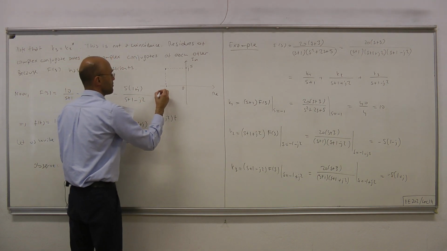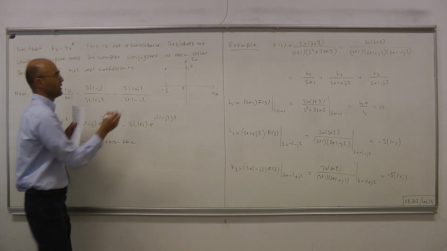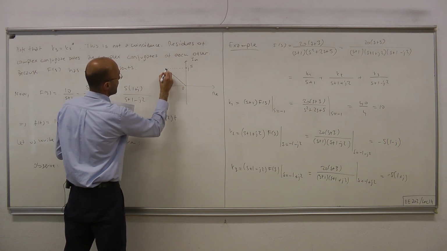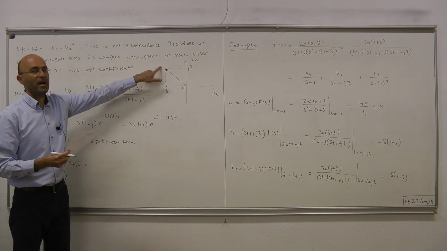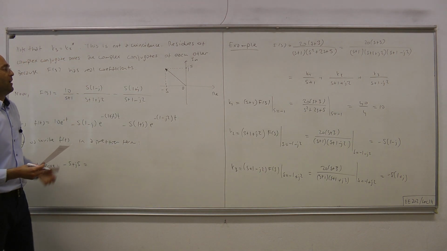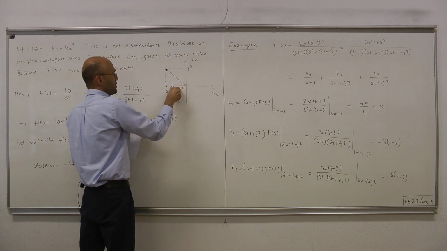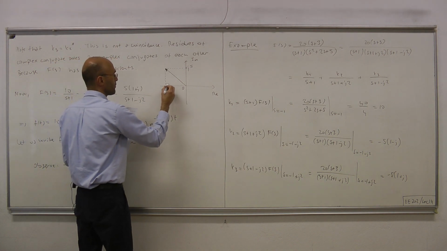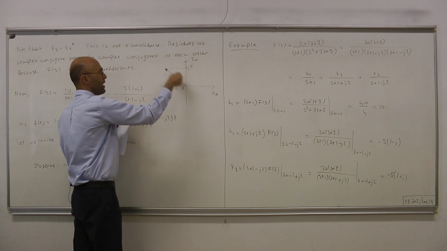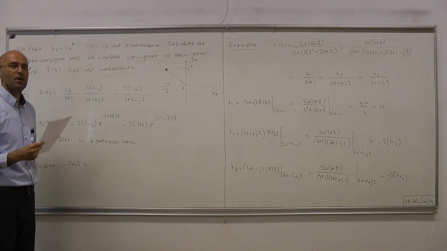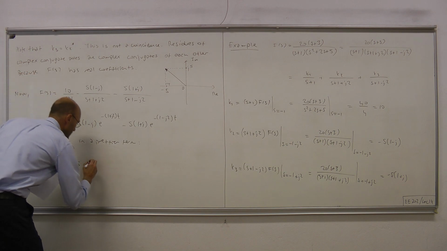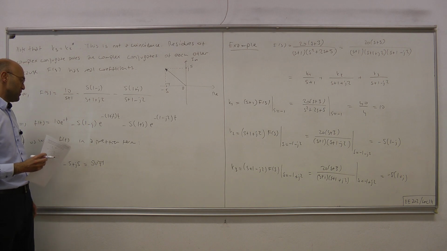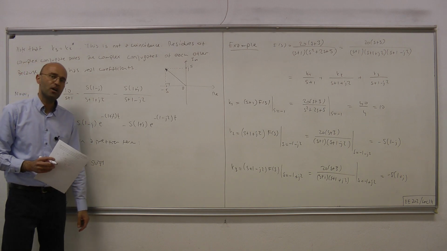So we have here j5, and our vector is this point. This is minus 5. So let's draw it as a vector. This is our minus 5 plus j5. Now, here this is 5, this is 5, therefore the angle here is 45 degrees. 5, 5, therefore the hypotenuse is 5 times square root of 2. Therefore, the radius of our complex number in polar representation is 5 times square root of 2.